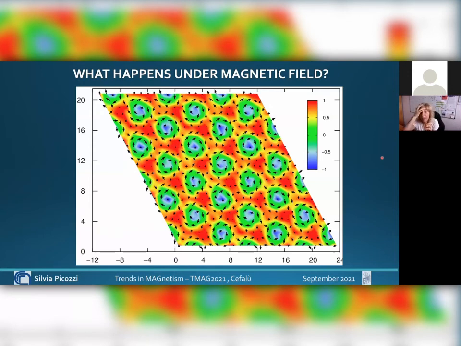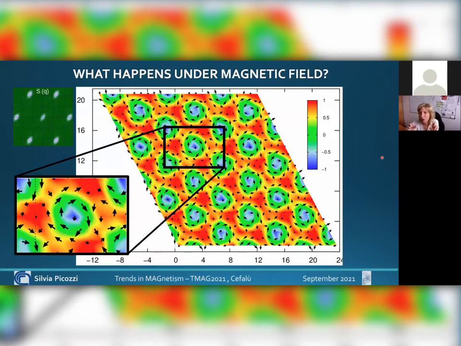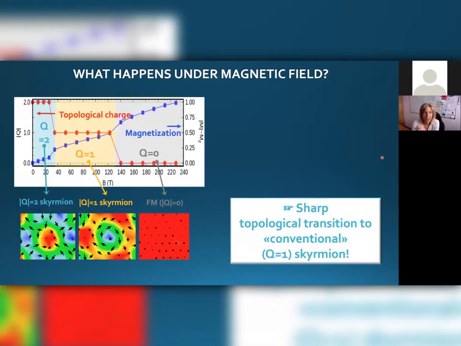What happens under magnetic field? If I apply a magnetic field along the Z direction, perpendicular to the layer, I end up in a more common situation. I no longer have an anti-skyrmion, but more like a skyrmion, which is what is shown here. If I evaluate the topological charge as a function of the magnetic field, I have a very sharp transition.